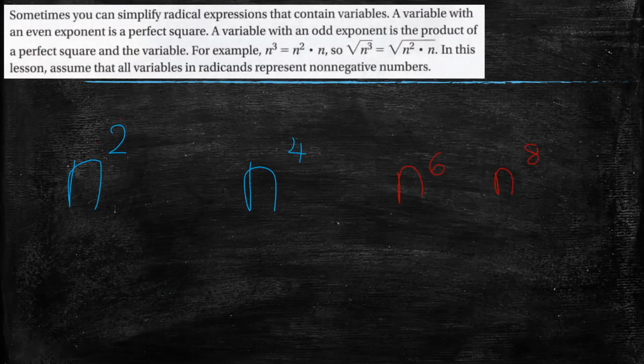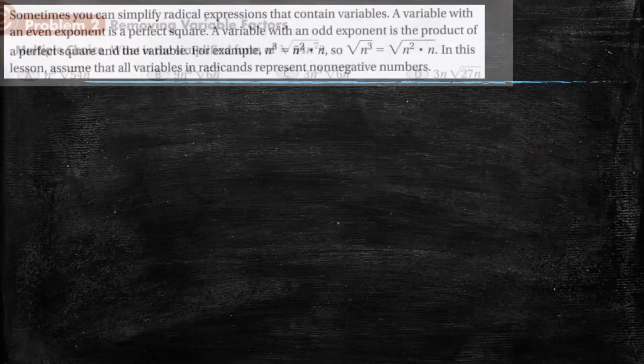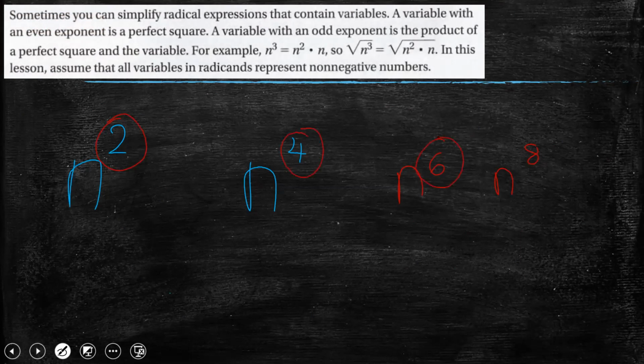Any variable raised to an even number is a perfect square variable. Is it clear? Yes.